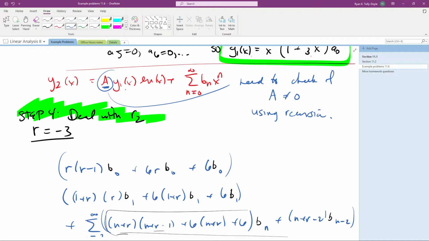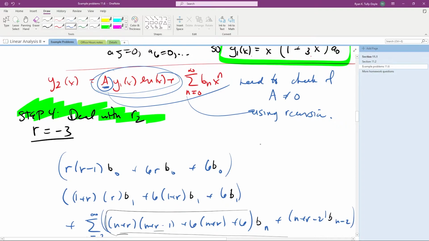But if the recursion fails, that is, if the trouble term that we picked out earlier causes an inconsistent equation, then y2 of x will have a term attached to it that looks like y1 of x times the natural log of x, plus another chunk of a Frobenius series. And we have to check to see if this thing is here or not using the recurrence relation.